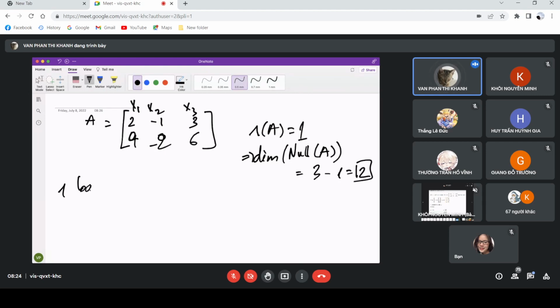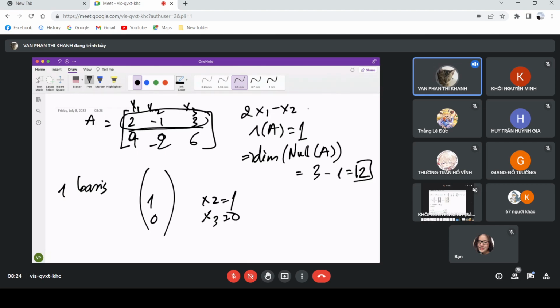So to find one basis here, I already gave you 1, 0, right? 1, 0 means that x2 equals 1 and x3 equals 0. So you have to substitute into this equation: 2x1 minus x2 plus 3x3 equals 0. You have x2 and x3, so you can find x1, right? Understand it?